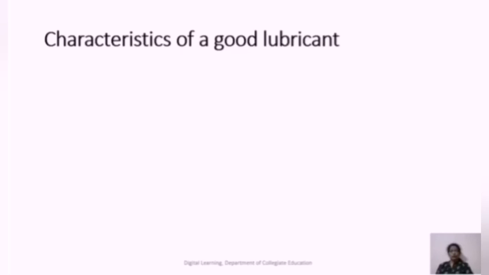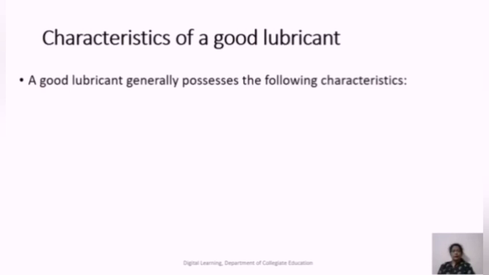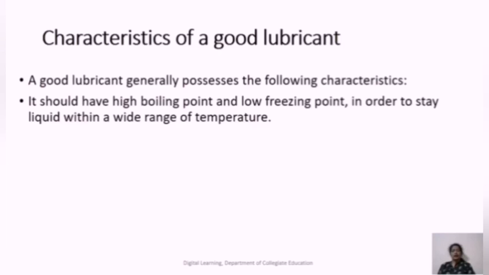Let us know about the characteristics of a good lubricant. A good lubricant generally possesses the following characteristics. It should have a high boiling point and low freezing point in order to stay liquid within a wide range of temperature.